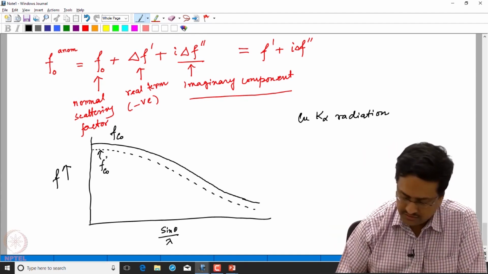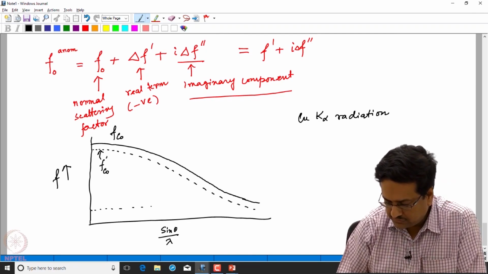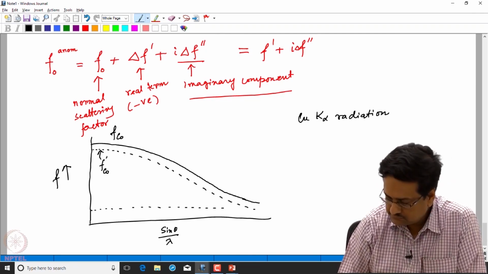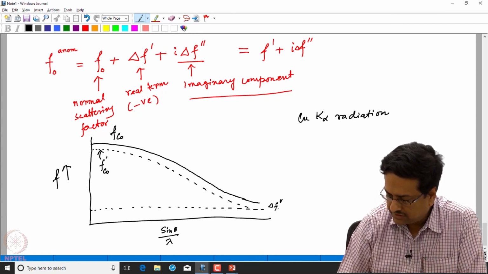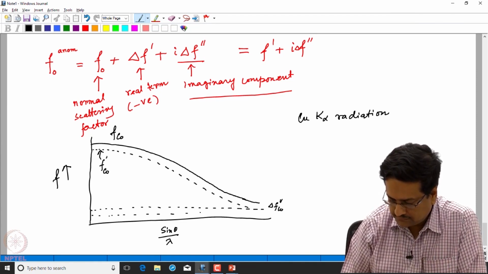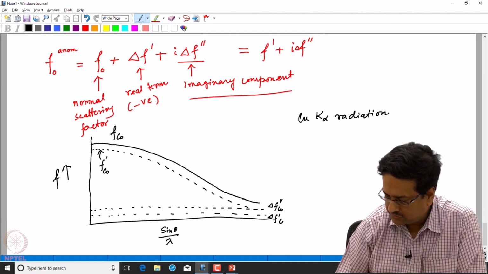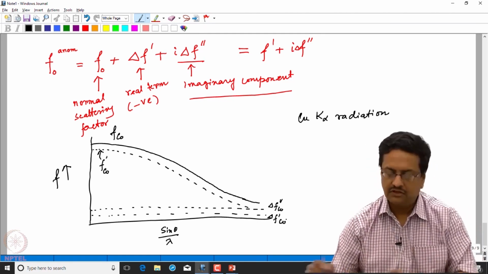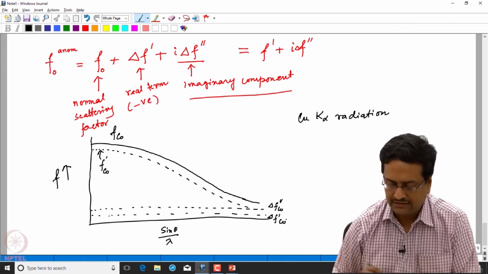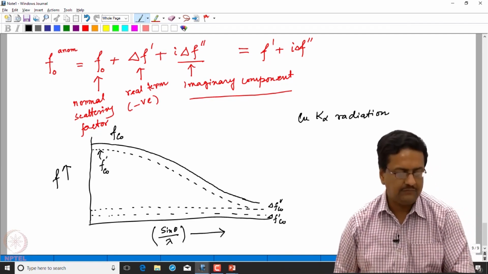And what we can see is that the values for delta F double prime for cobalt and delta F prime for cobalt are sort of constant over the entire range of sin theta by lambda.